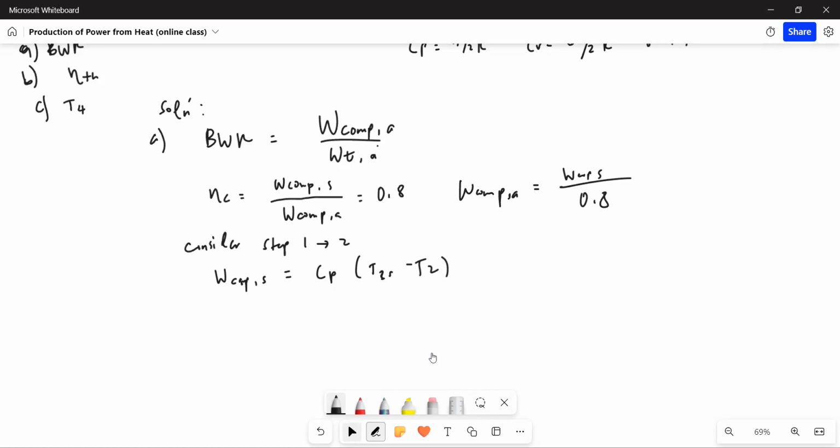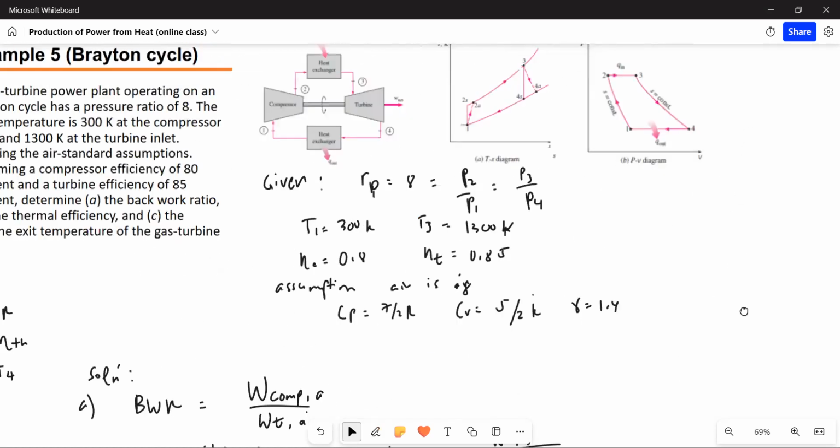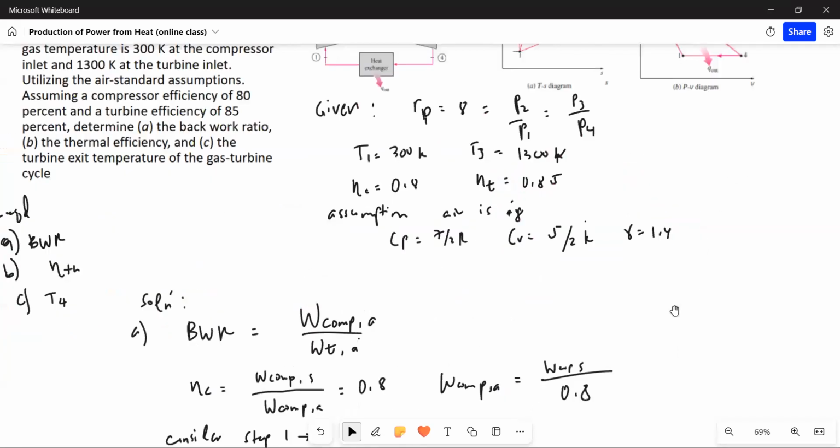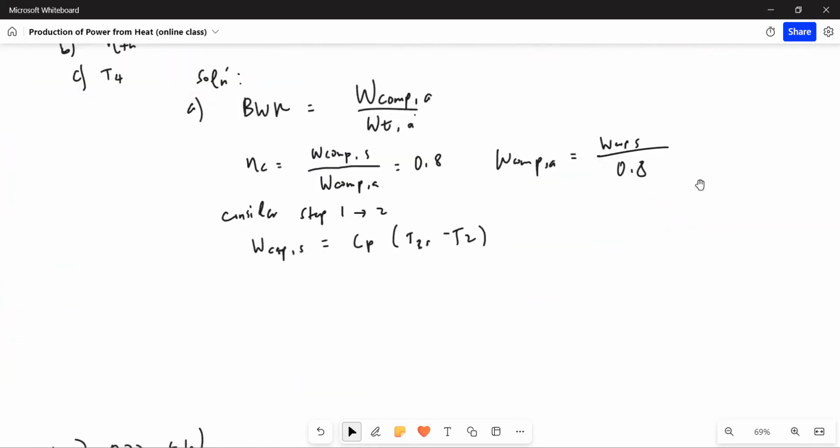So let's go back. We're referring to T2S. Do we know these values? Also, I made a mistake: this one is T1. It's T2 minus T1.